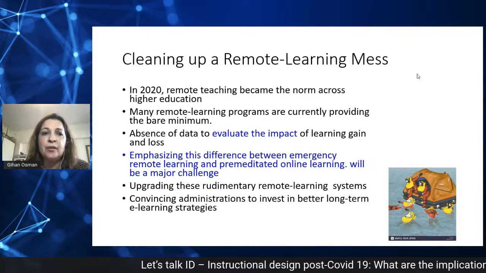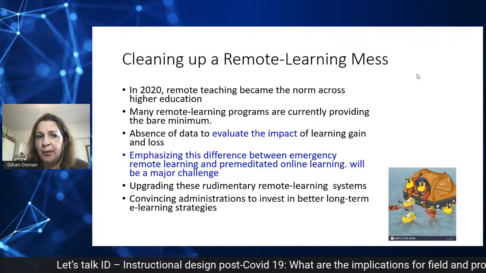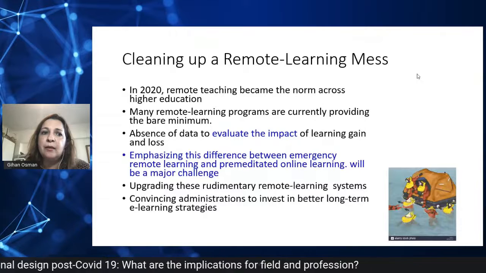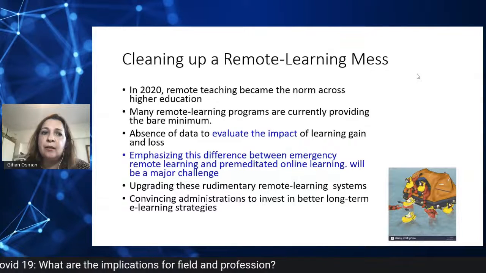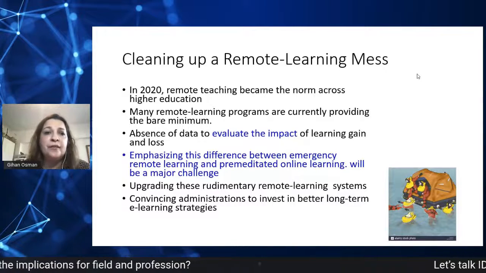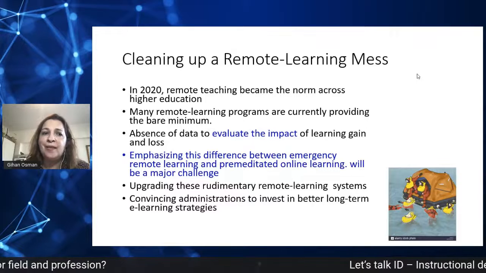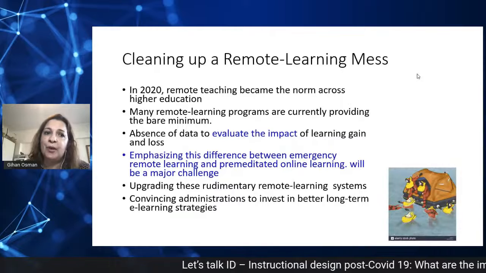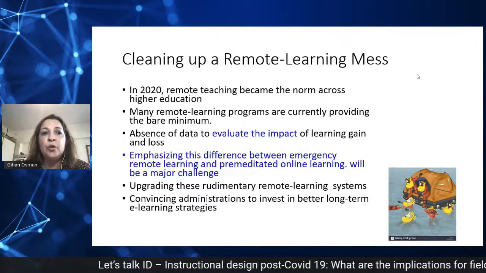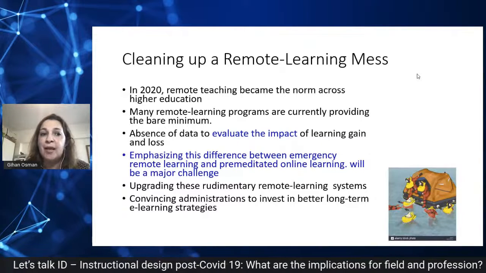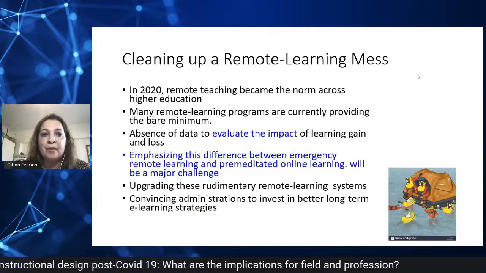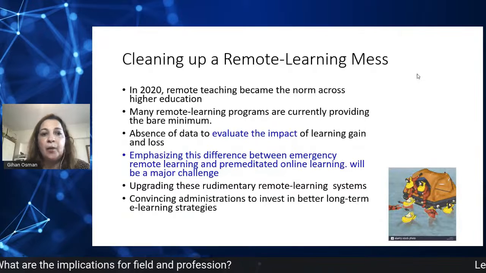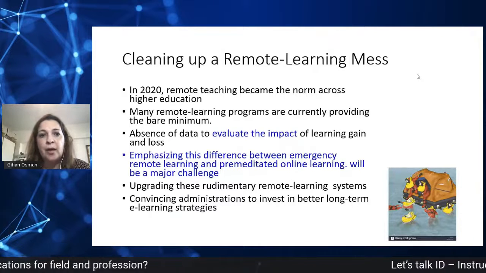And so decisions are being made based on that experience that are not based in enough evidence. There is not sufficient data to determine the learning losses or the learning gains that happened during that experience. There is no solid data to say whether all the experiments succeeded, and to what extent they succeeded, and where we still need to work.